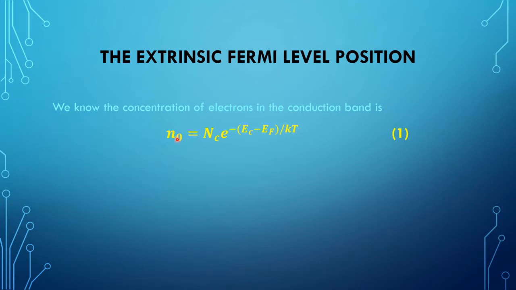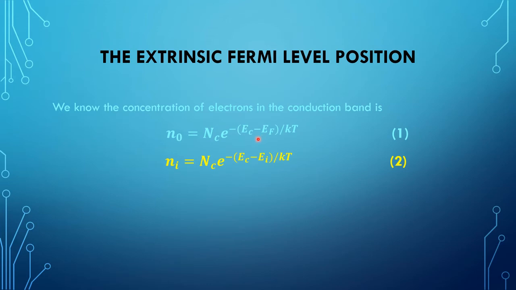Nc is the effective density of states function for electrons in the conduction band, Ec is the conduction band edge, Ef is the Fermi level energy, k is the Boltzmann constant and T is absolute temperature. So, the concentration of electrons in the conduction band is N0 equals Nc e to the power minus (Ec minus Ef) divided by kT.